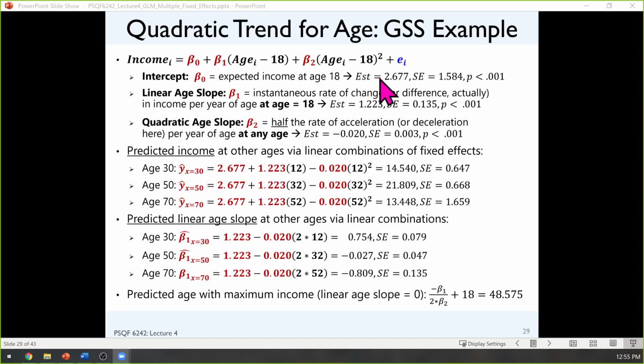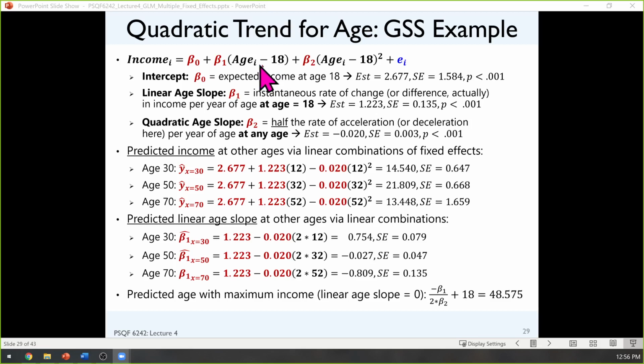So here are the results from this analysis. I'll show you in just a moment. So we have beta 0, my fixed intercept, always the expected outcome when your predictors are 0. My predictors are 0 at age 18. So this idea of describing the centering constant explicitly in the equation is a good habit to get into, because then whoever's looking at your equation knows exactly what everything means.